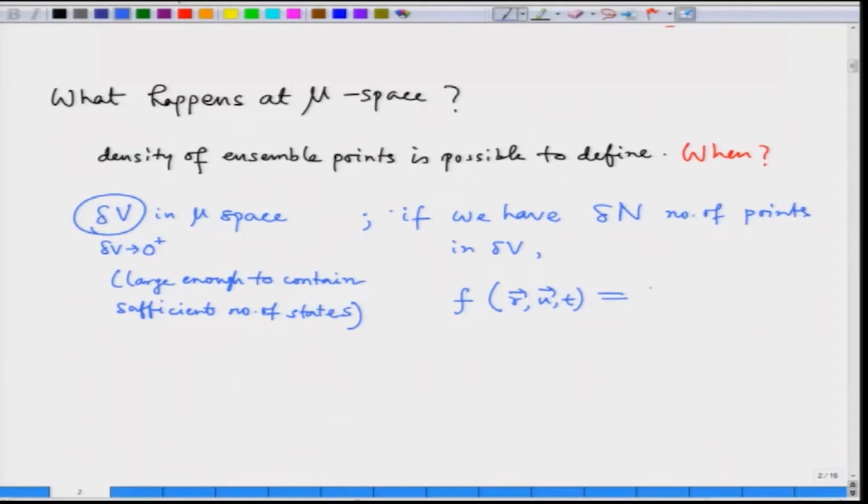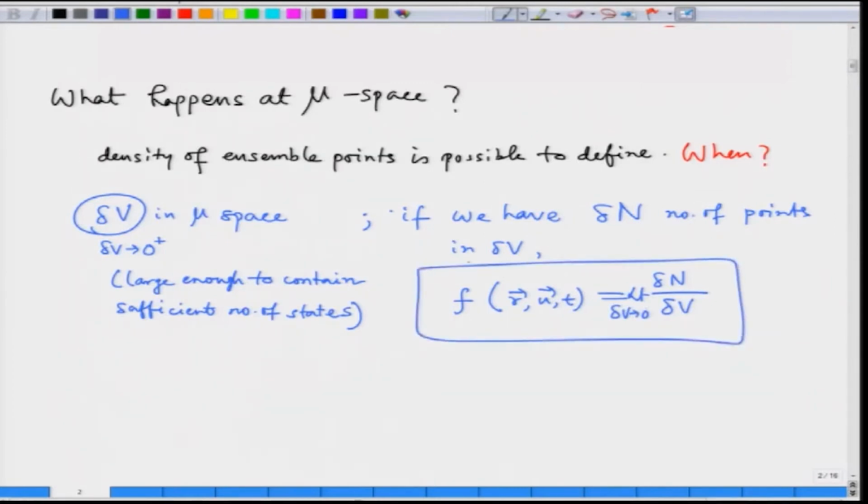So, you will have a collection of particles in some volume with the limit v tends to 0. If this limit exists, then only can we say that the system, or the corresponding mu space, has a legitimate density of states.